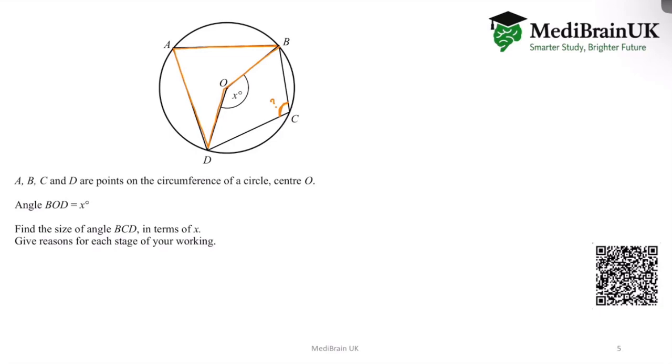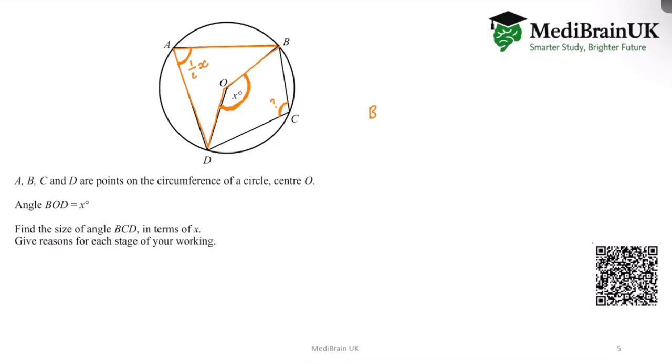So first of all, we can see that shape. We know that this is x, and we know the angle at the circumference is half the angle at the center. So if this is x, that means this angle over here is going to be a half of that. It's going to be a half of x. You can write a half x or x divided by 2, anything like that. So let's explain that.